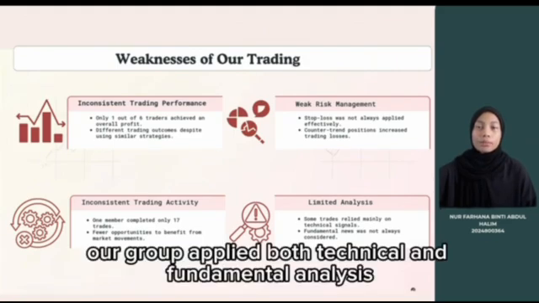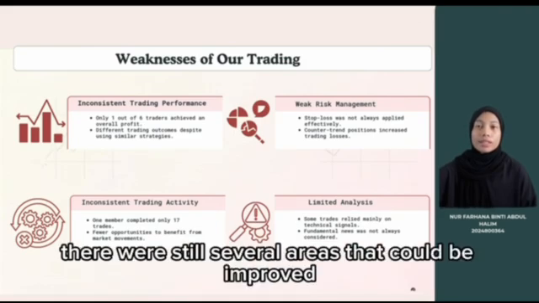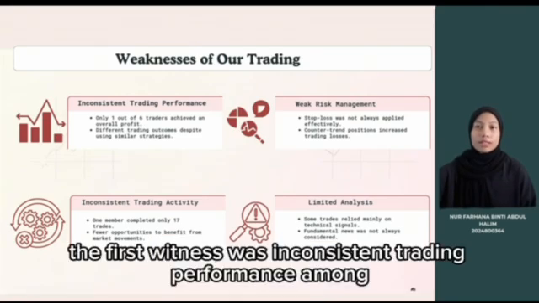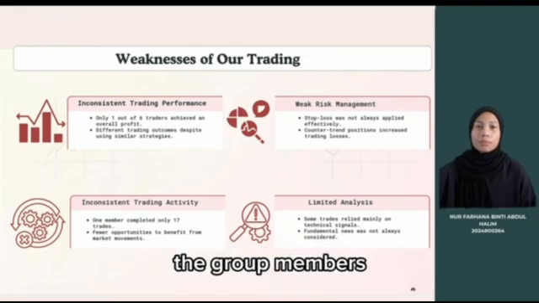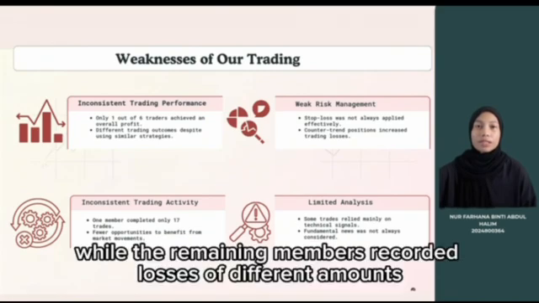After our group applied both technical and fundamental analysis throughout the trading simulation, there were still several areas that could be improved. The first weakness was inconsistent trading performance among the group members. Out of 6 traders, only 1 achieved an overall profit, while the remaining members recorded losses of different amounts.